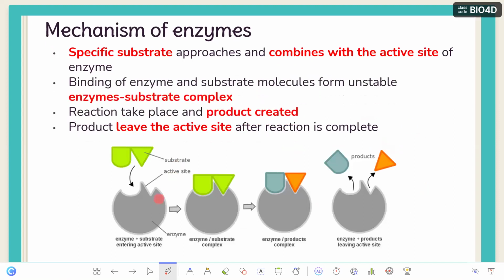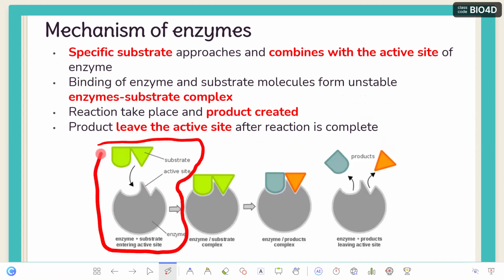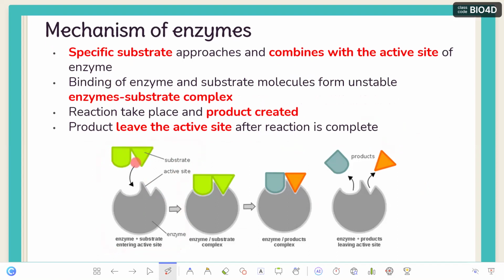All right, so first, look at this picture. First you have a specific substrate that looks like this. Very specific substrate. The word specific is very important. A specific substrate will approach the enzyme. Now, the enzyme is a 3D shape, right? So there is a certain area on the enzyme that the substrate needs to find.